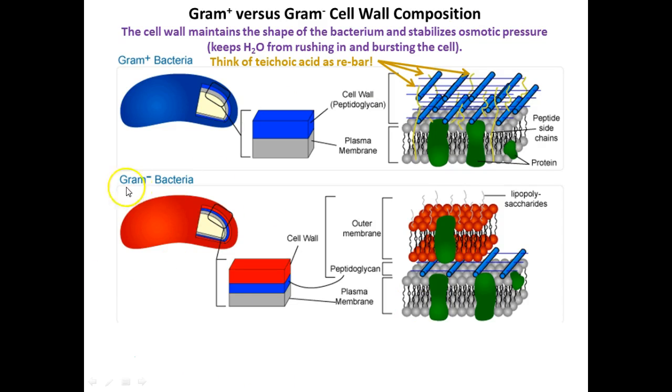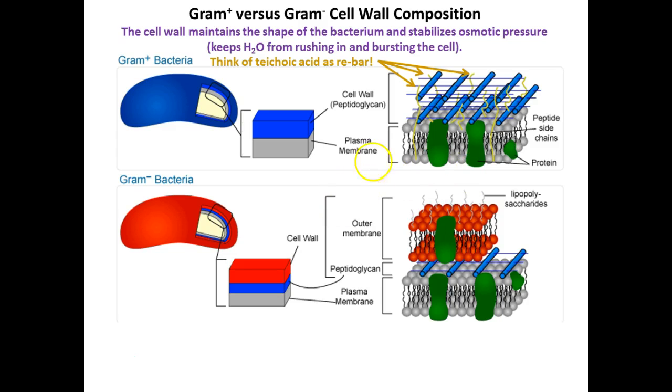In contrast, gram-negative bacteria, again, all bacteria, all cells are going to have a plasma membrane. They'll have a relatively thin layer of peptidoglycan. So notice it's only showing a couple bars here. And then they tend to have another membrane called the outer membrane. And this is different from the plasma membrane or the normal cellular membrane that cells have.